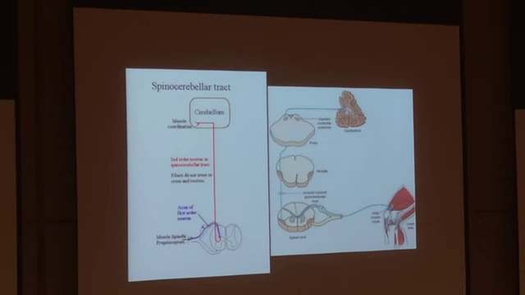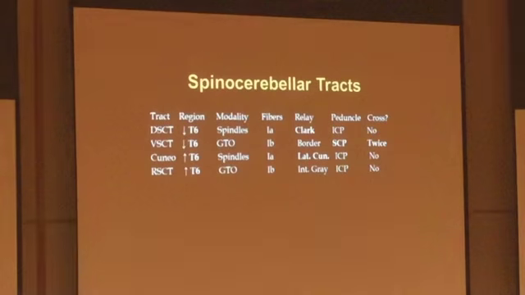It's close to Clark's nucleus, but don't worry about that. But notice that it crosses over to the opposite side, travels all the way up through the brainstem, and then crosses a second time through the superior cerebellar peduncle. So it's a strange pathway because it crosses twice. And probably because of that, it's not infrequently a neuroscience board question. So the ventral spinocerebellar tract is kind of unique.